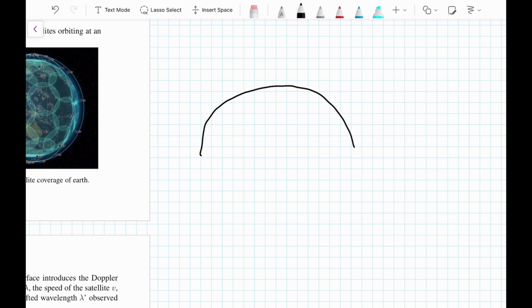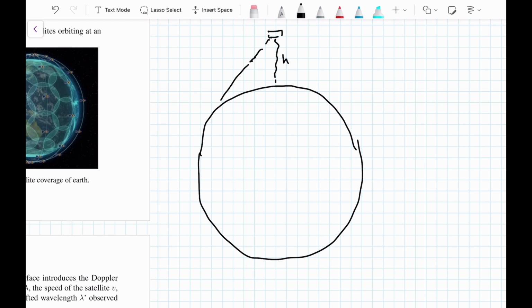So this is the Earth, and then we have a satellite over here. For the satellite, what's given is the height. We know the height. And the area covered should be like this, a tangent to either side.